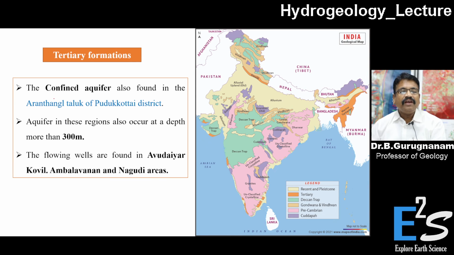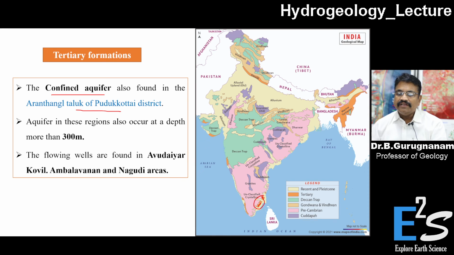And coming to the confined aquifer system, confined aquifer is also found in the Aranthangi taluk of Pudukkottai district. This picture is very clear: you see these are the tertiary formations, distributed here, and the Pleistocene.